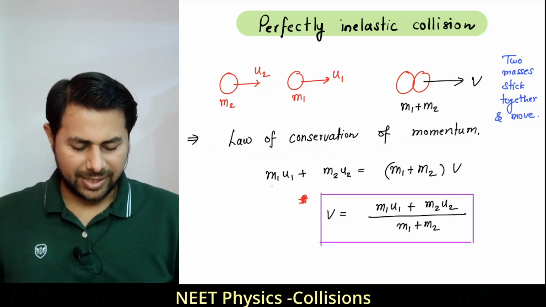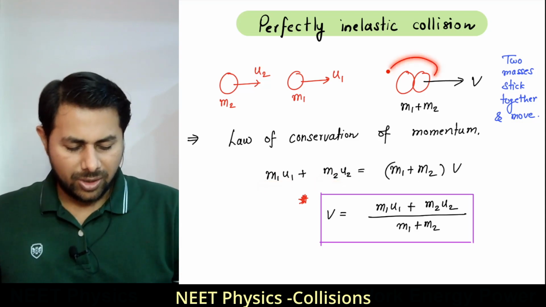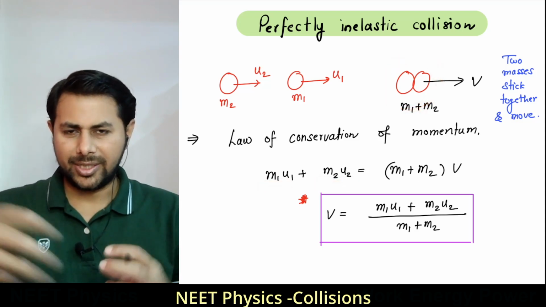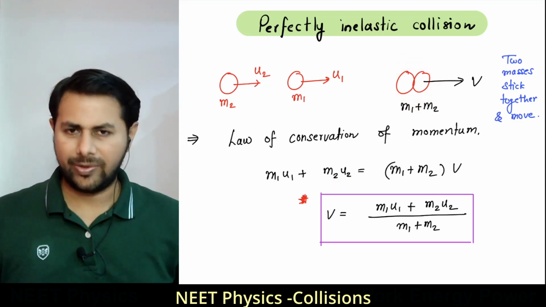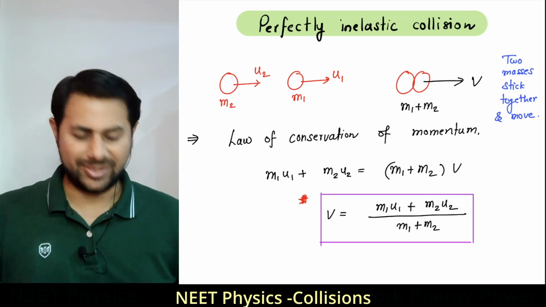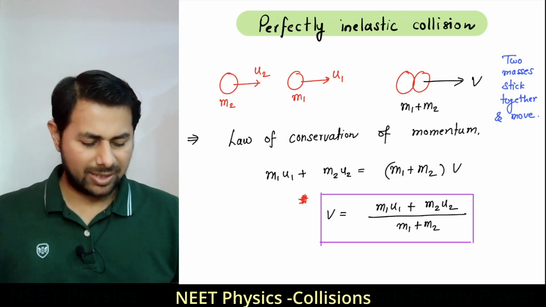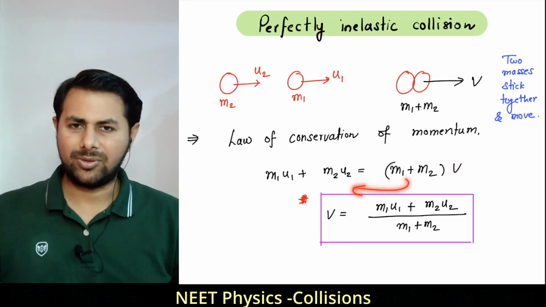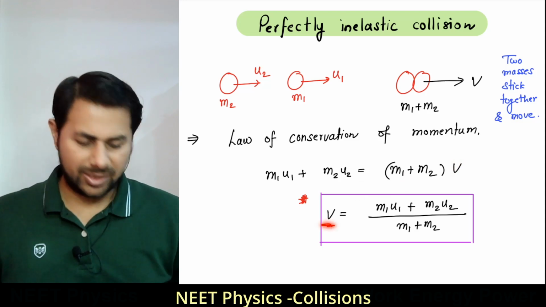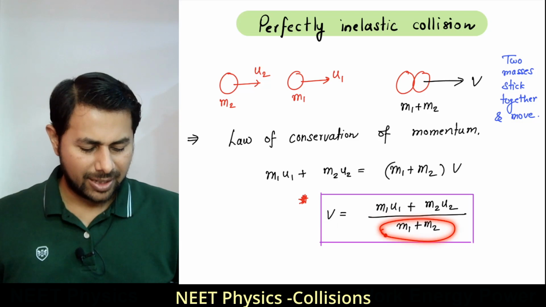Okay, we can just say m1 u1 plus m2 u2 is equal to, now because the two bodies stick together and move, this is like one mass. So we have one mass moving with one velocity, so m1 plus m2 will be its mass, and velocity is suppose v. So just take that m1 plus m2 on the other side, so you get v is equal to m1 u1 plus m2 u2 divided by m1 plus m2.